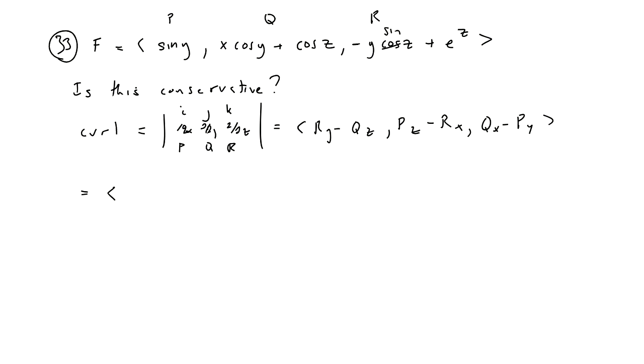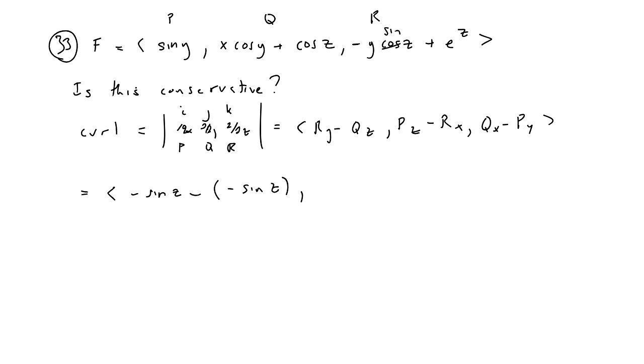So we go through all the pieces. The derivative of R with respect to y is negative sine of z. The derivative of Q with respect to z is also negative sine of z.